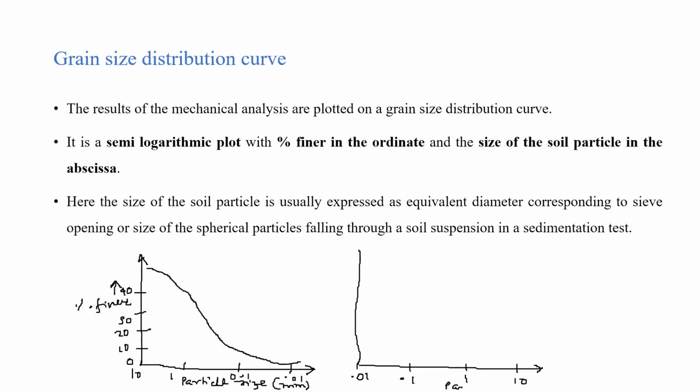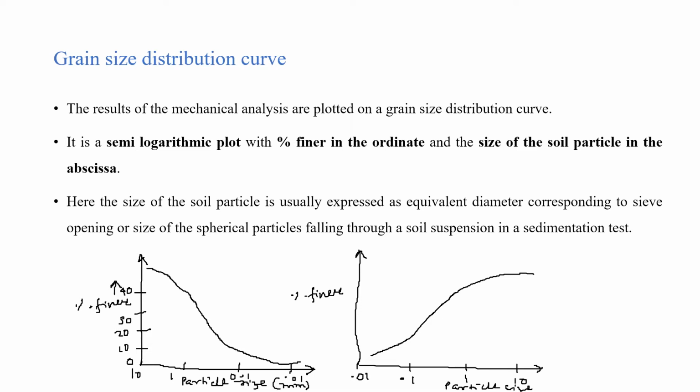So this is the particle size, and similarly the y-axis remains the same, with the percent finer represented in an arithmetic scale, and it looks like this. So the particle size distribution curve is a semi-logarithmic plot with percent finer on the ordinate and size of the soil particles on the abscissa.